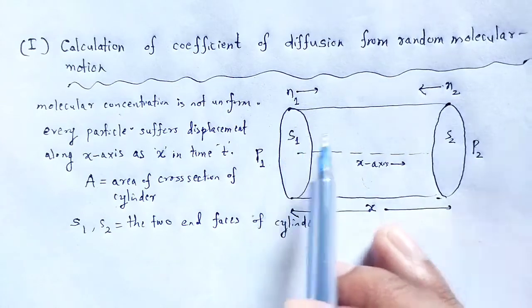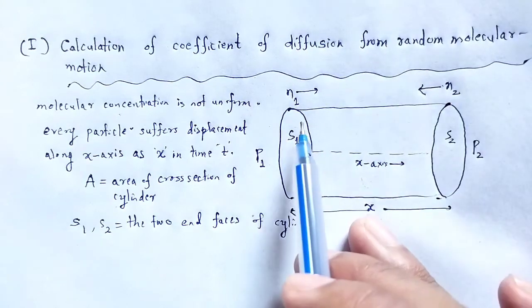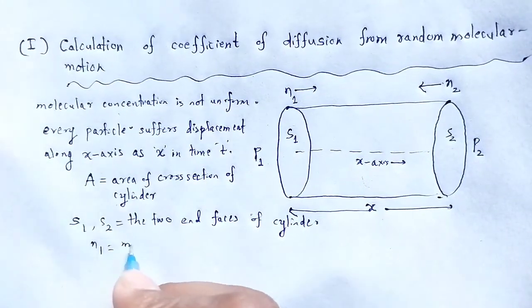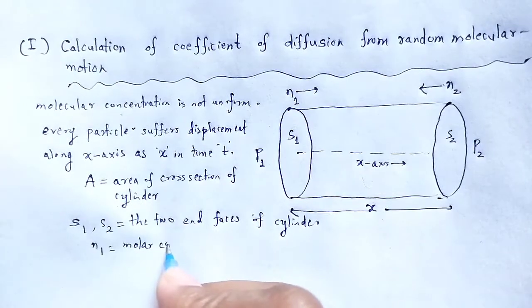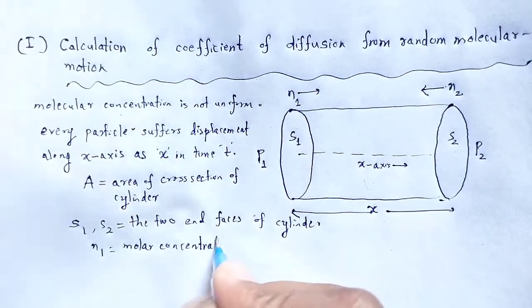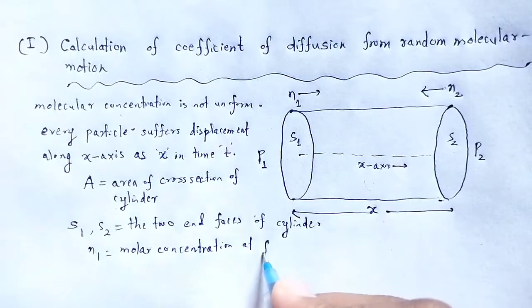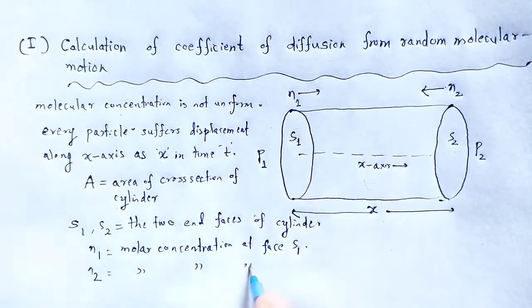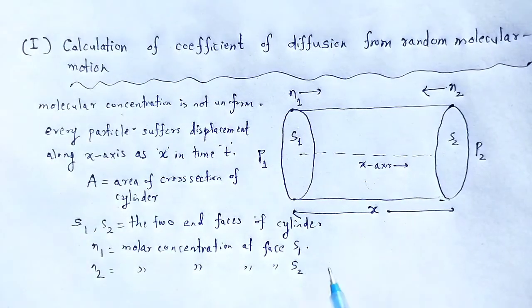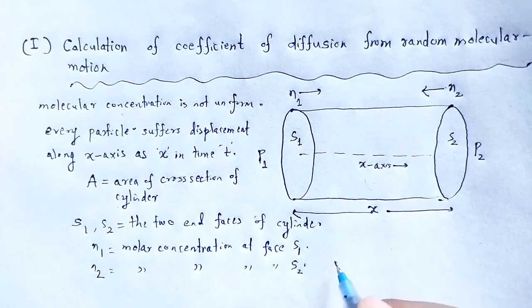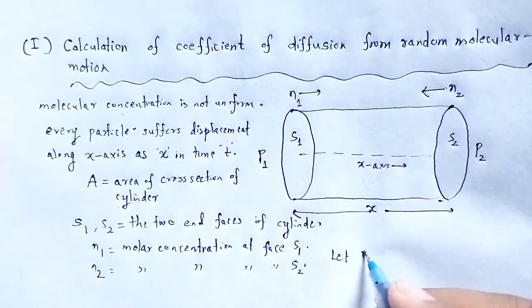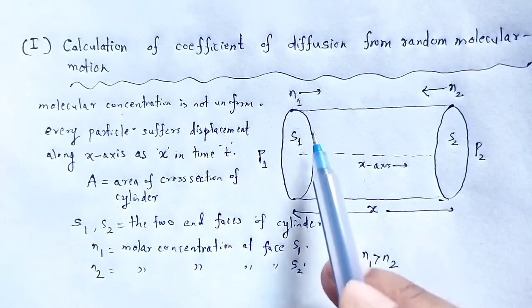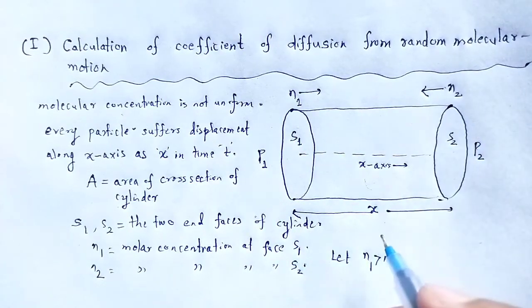Let N1 and N2 be the molar concentrations at the end faces S1 and S2: N1 is the molar concentration at face S1, N2 at face S2, and let N1 be greater than N2, meaning the molar concentration at face S1 is greater than at face S2.